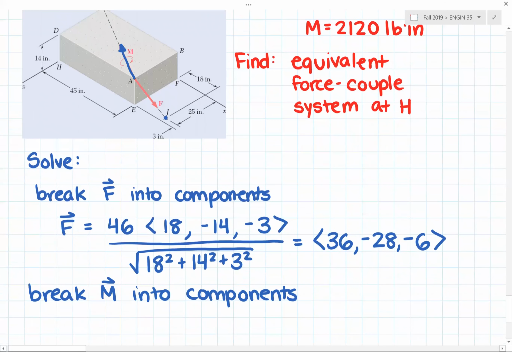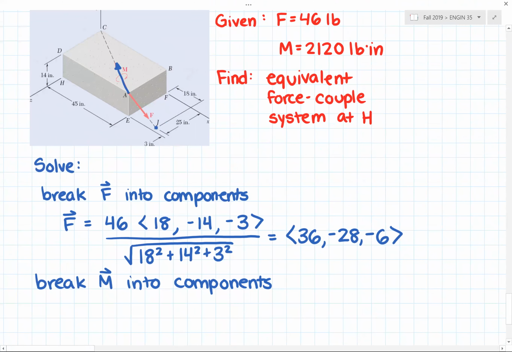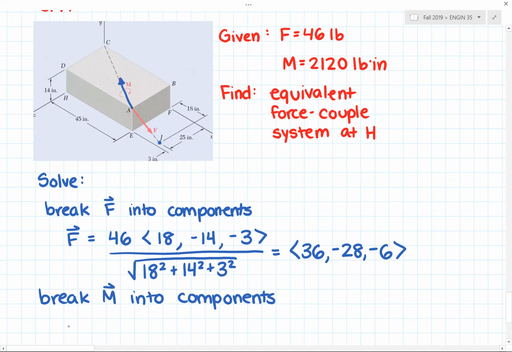It's a vector, so I'm going to break it into components the same way that I broke my force into components. So M is equal to the magnitude of M, which is 2,120, times the distance from A to C in the X direction, which is negative 45.